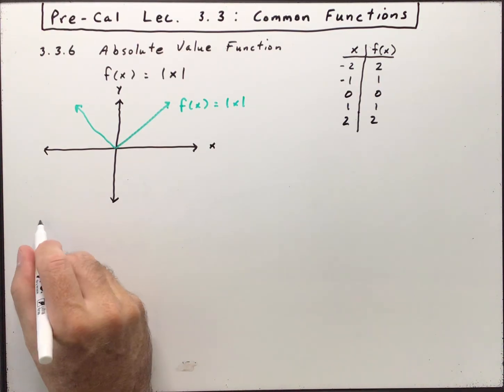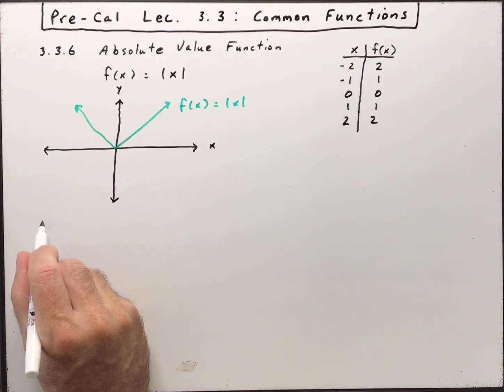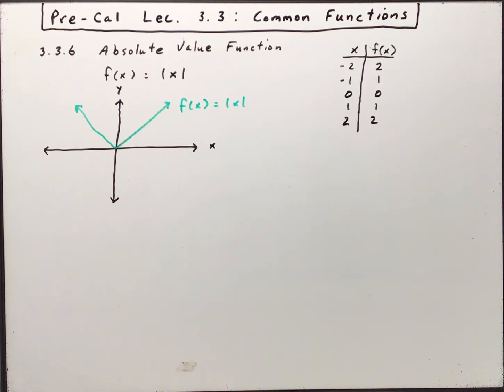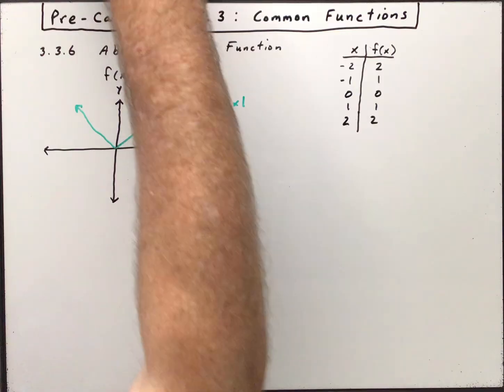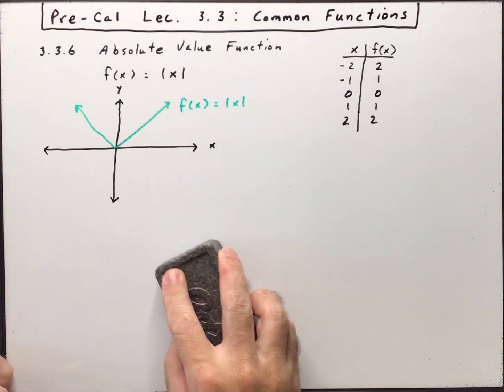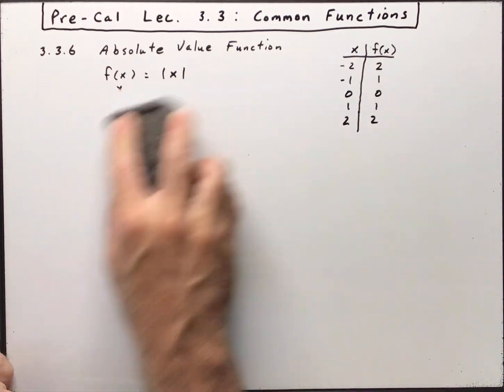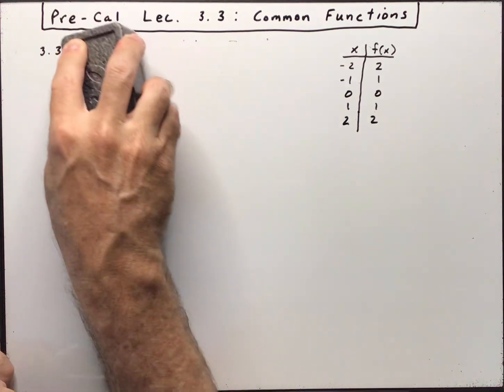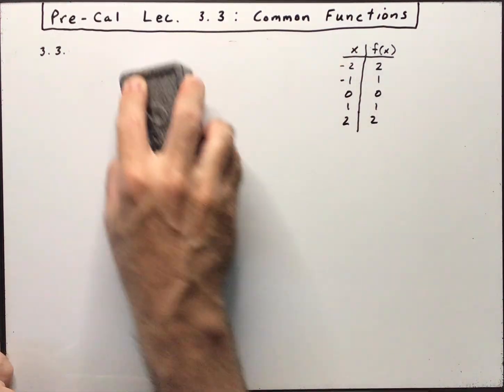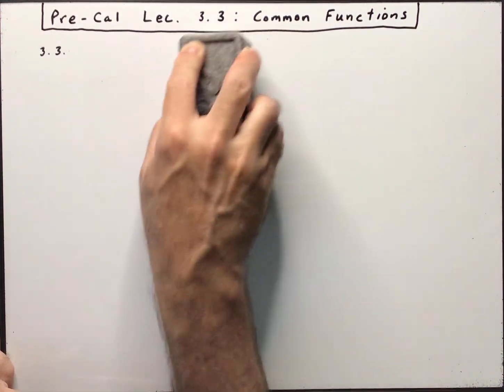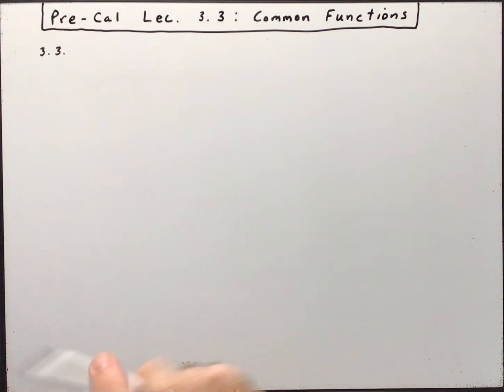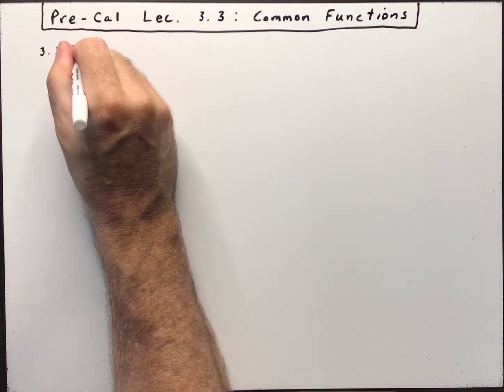All right, and then finally we have, tell you what, I'm going to want more space for this one, so I'm going to go ahead and erase. So the last common function that we're going to talk about is the greatest integer function.